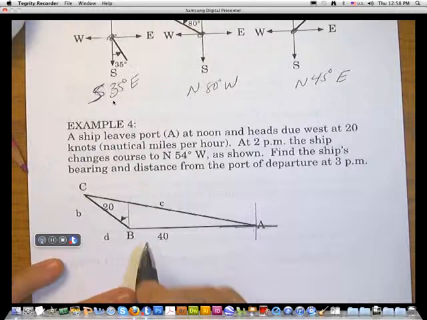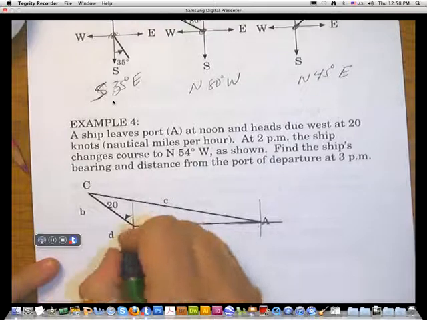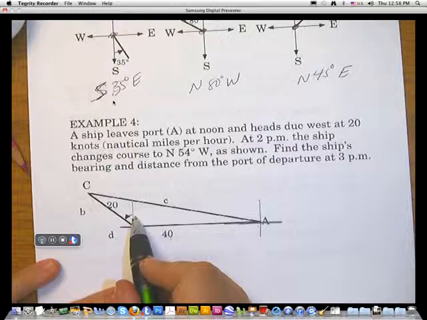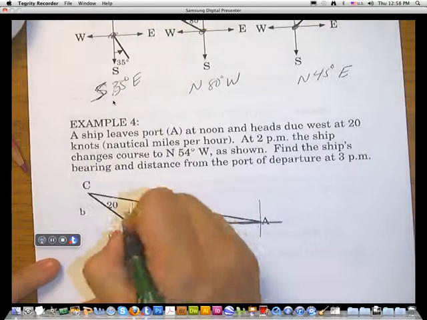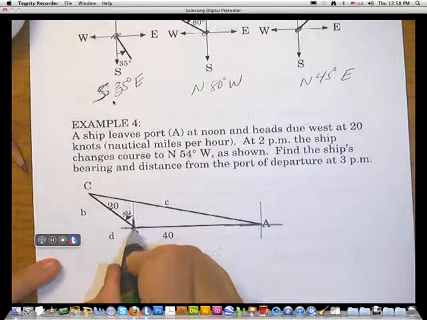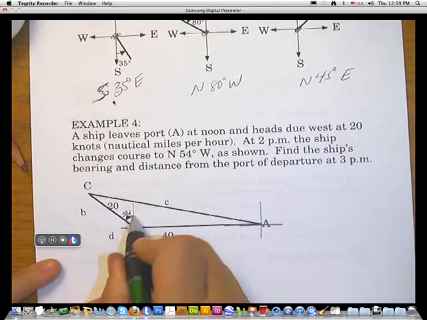So at 2 p.m., it changes course. I'm going to put an axis here, because it's going to change course. The course is north 54 west. That means here's north, here's my origin, because that's where the boat changed course, so that's my origin. North 54 west.